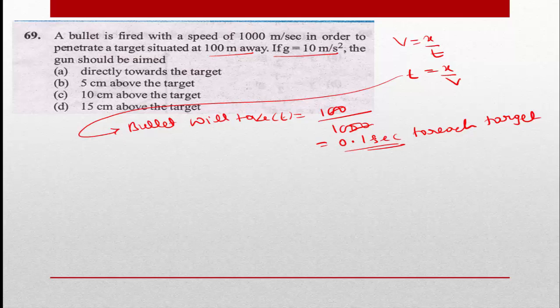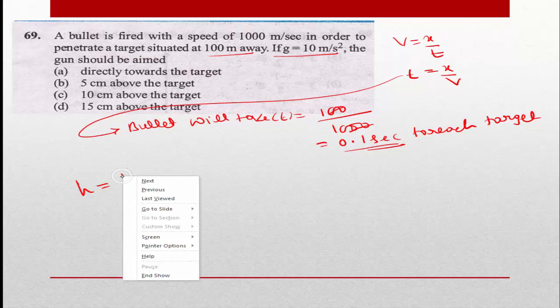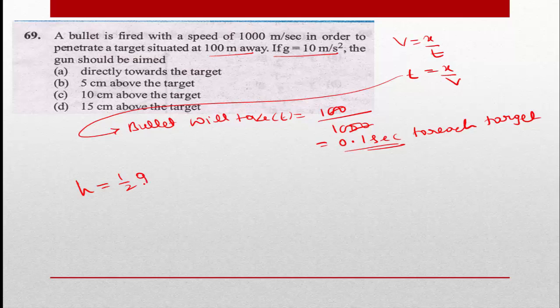During this time, the vertically downward distance traveled by the bullet, when the body moves vertically downwards with initial velocity 0, is h equal to 1 by 2 g t square.